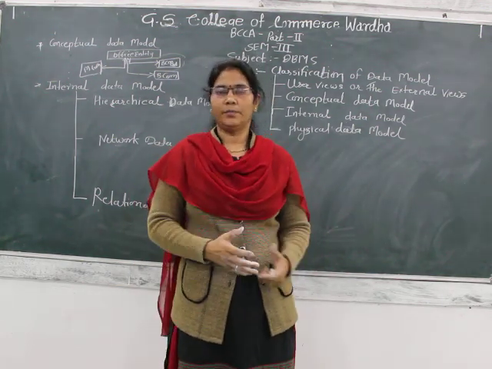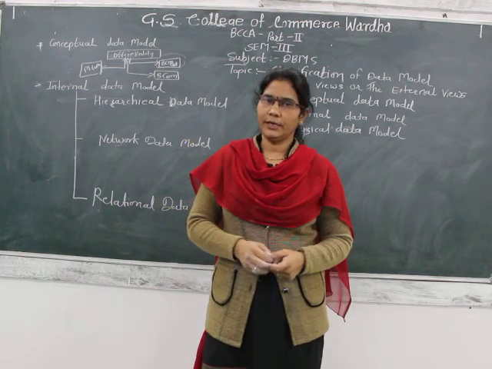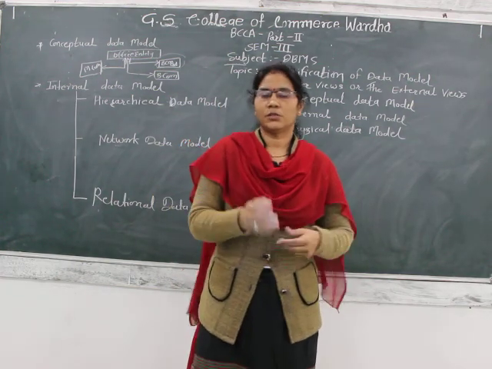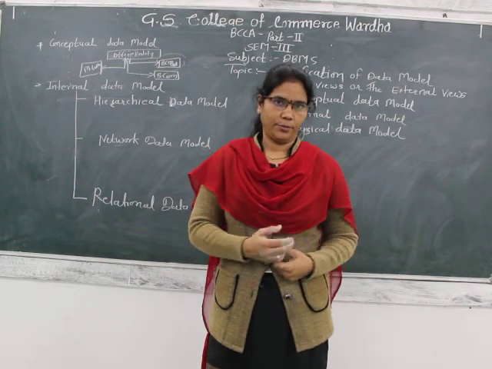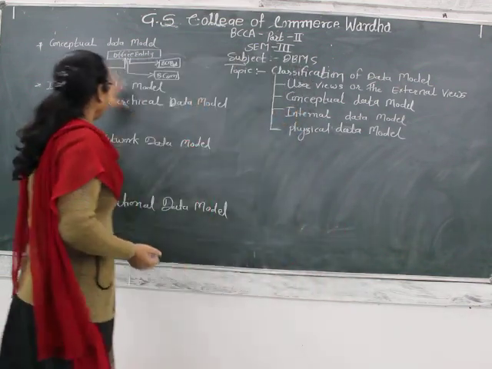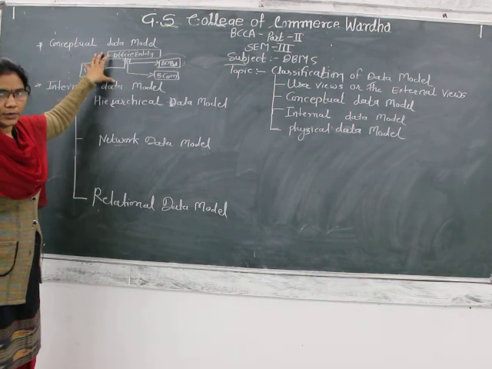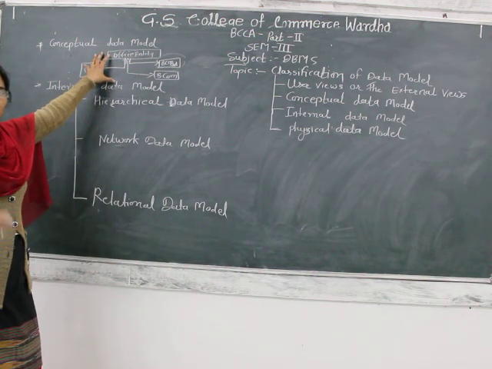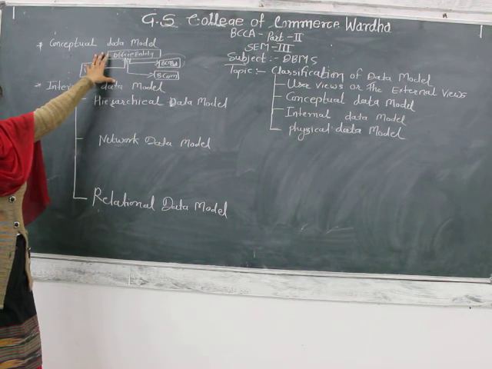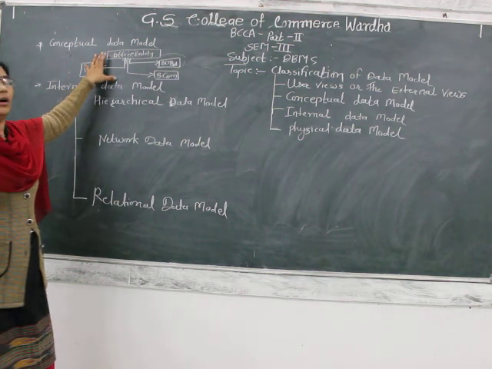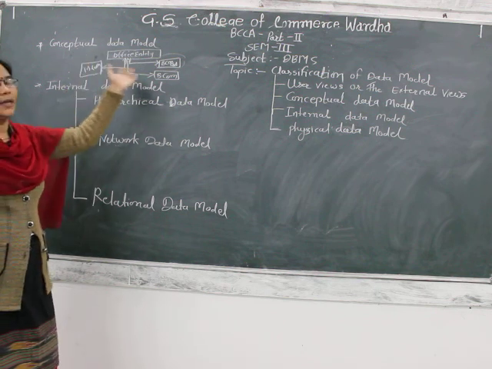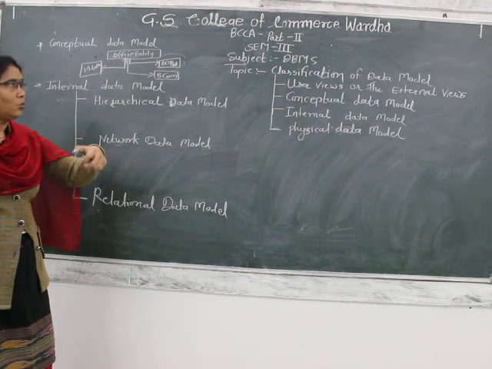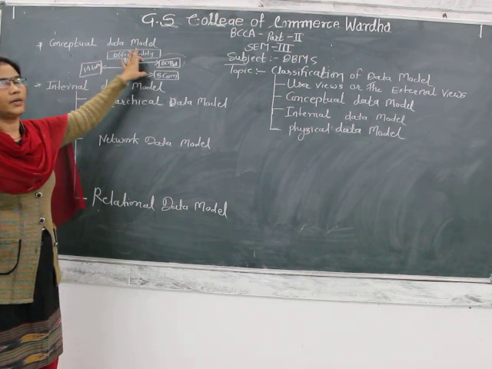It is nothing but the table in which we can store the data, but in DBMS terms it is called an entity, and the field is called an attribute. So basically the conceptual data model gives us the consolidated view of the schemas and of all the entities. So we know the entire entity in our conceptual data model.